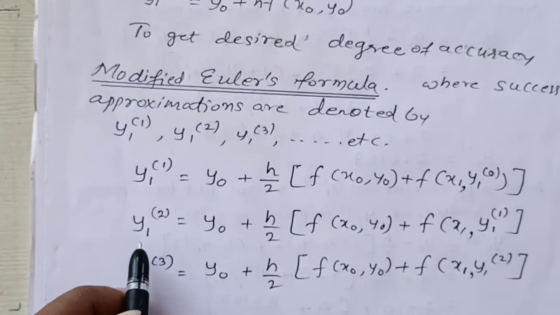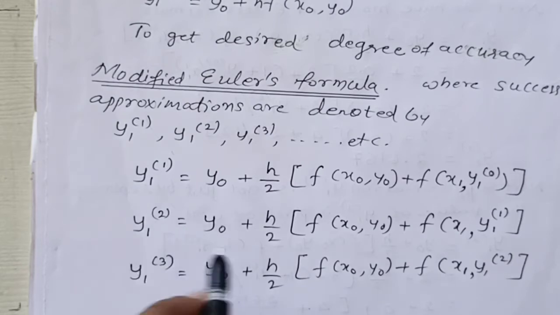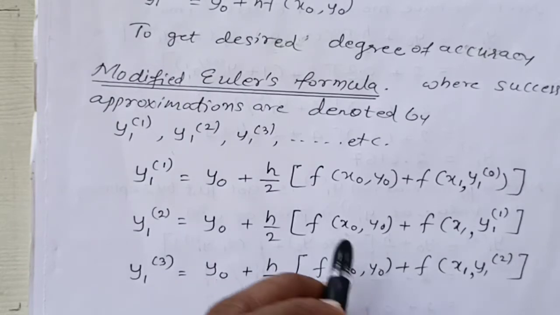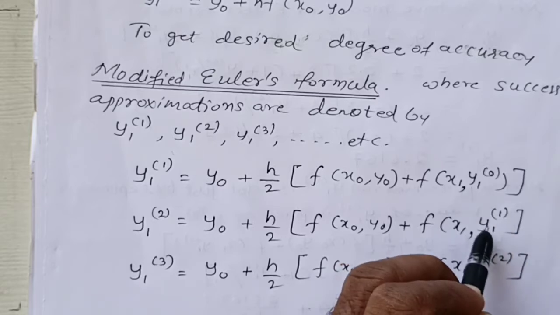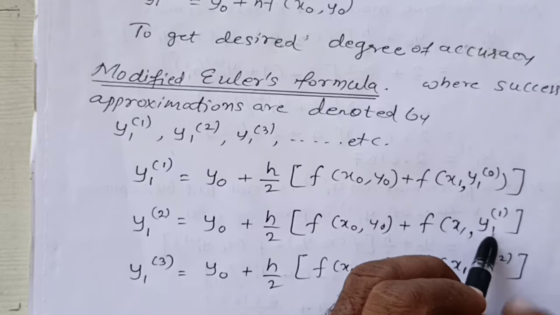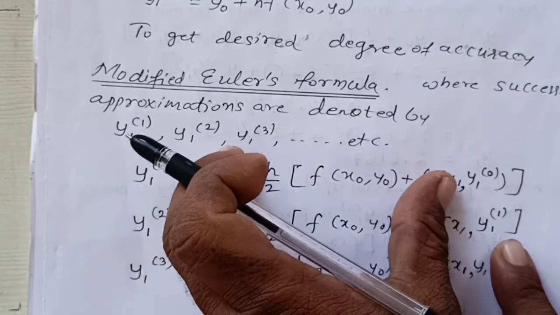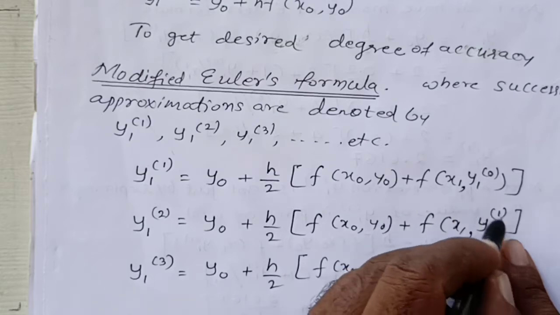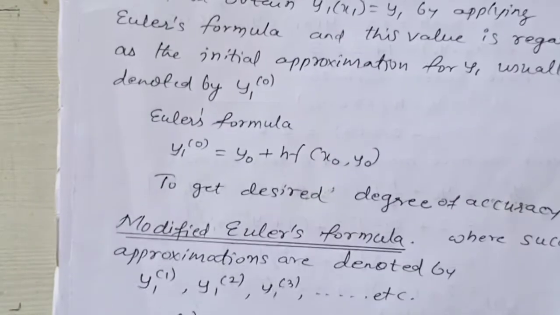Similarly, the second one, y1 at modified 2, is equal to y naught plus h by 2, same, only this term is going to change: y1 at 1. We get y1 at 1 by solving this, so the answer of this is inserted here, and y1 at 0 we get from Euler's formula.